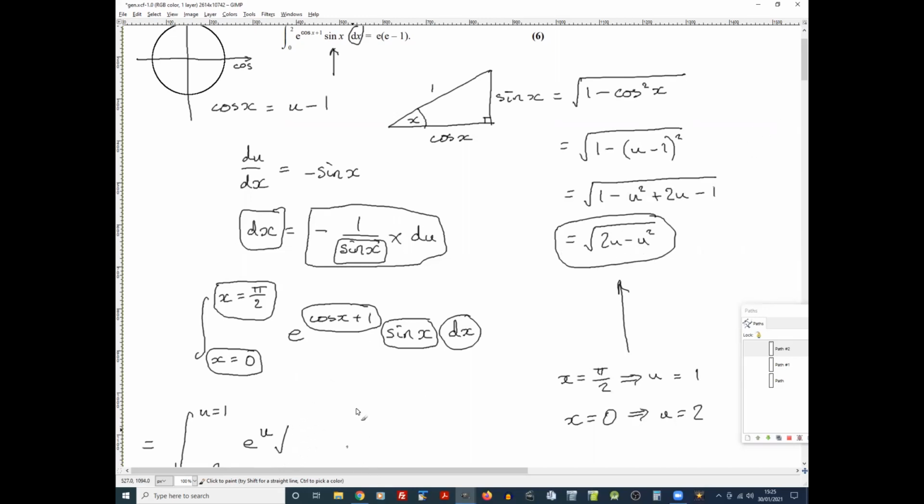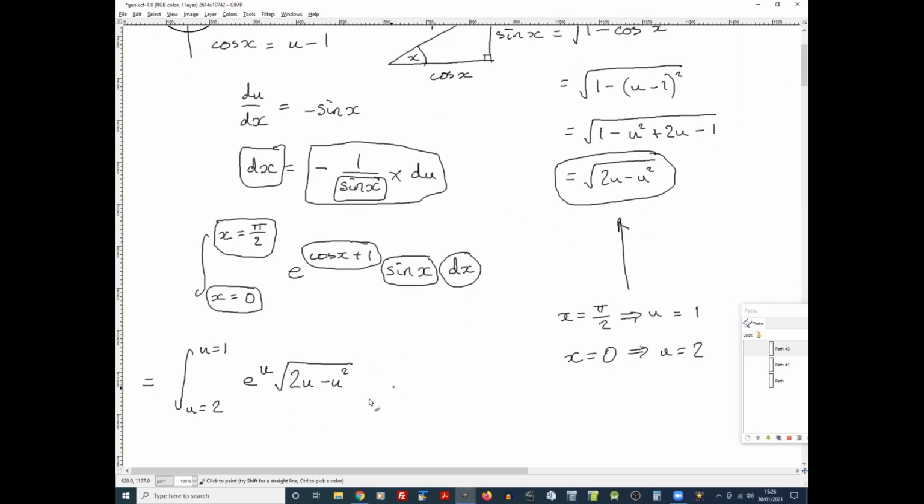You'll see why in a second, why I prevaricated there. So that's sine. And now dx. What did we say? Minus sine x times minus 1 over sine x, or we could now write that, times du.